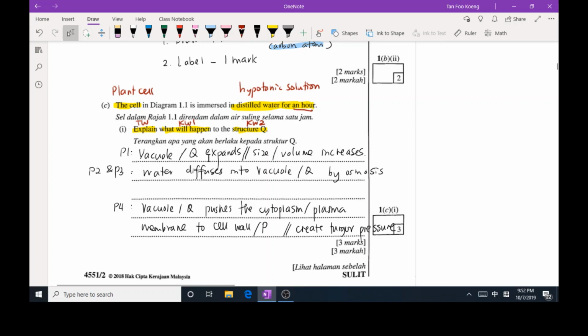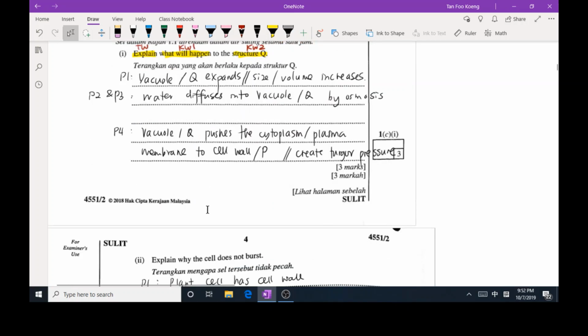So why Q expands? It is because water diffuses into the vacuole by osmosis. And as a result, the vacuole or the Q pushes the cytoplasm or the plasma membrane to the cell wall or P. Or I can choose to state that this creates a turgor pressure that pushes the cytoplasm against the cell wall.